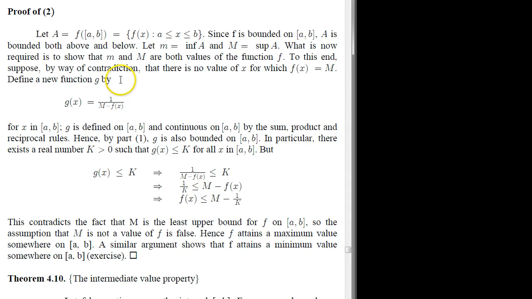Define a new function g by g(x) equal to this for all x in [a, b]. So g is defined on [a, b] and continuous on [a, b], by the sum, product and reciprocal rules.